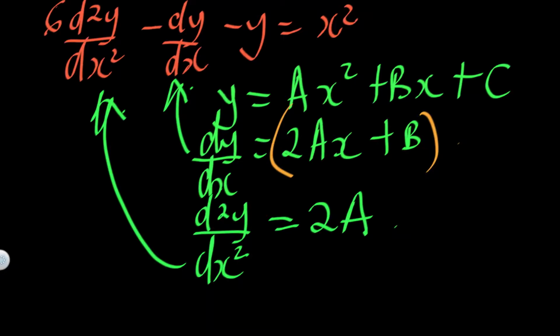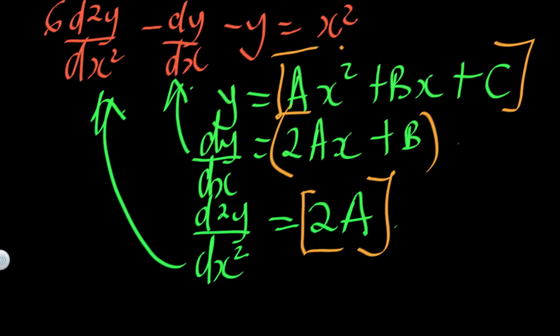Where there is dy/dx, I put 2ax plus b. Where there is d squared y over dx squared, I put 2a. Where there is y, I put ax squared plus bx plus c. I'm doing this so that I can solve for my a and b and c.